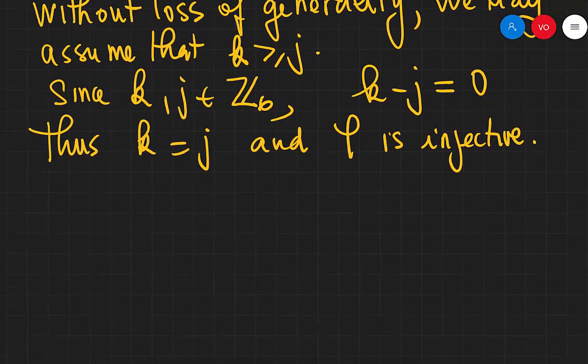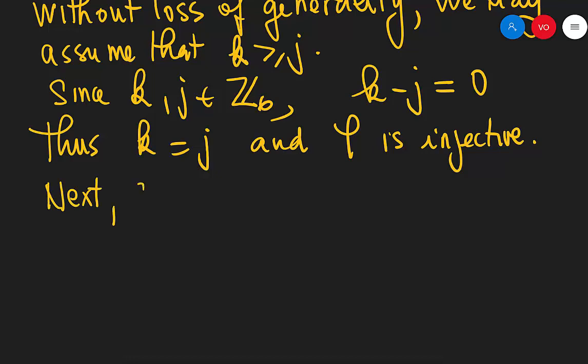So next, since phi of 4, what is phi of 4? Phi of 4 is gonna be (1, 0), right?